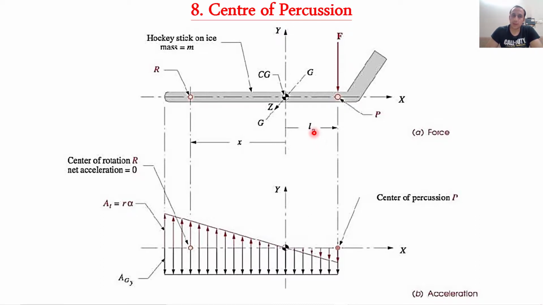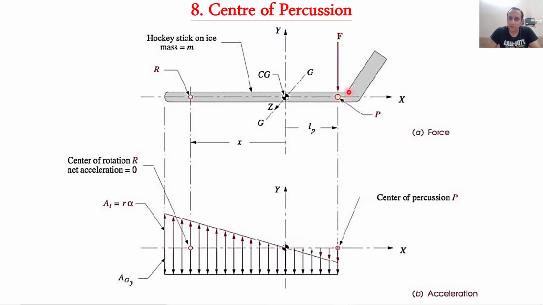And we have another point, which is R, and the distance of that point R from the CG is X. It means if we hold the ice hockey stick at this point, and if the puck is struck at this point, what will happen? The holder of this ice hockey stick will not feel any acceleration. But we don't know the distance of that point from the CG.